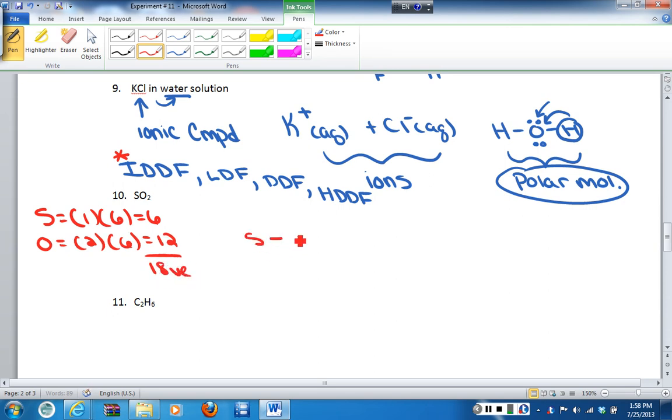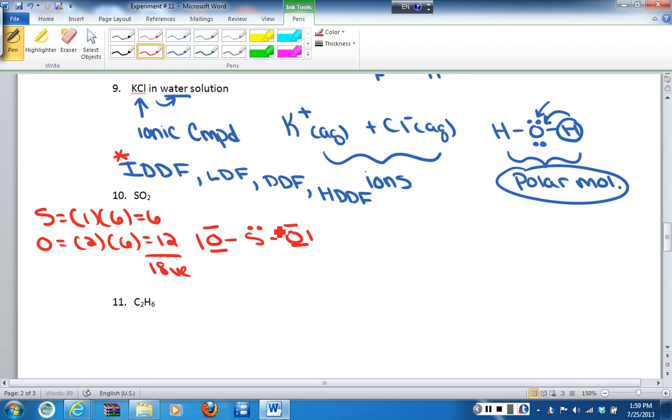Sulfur is our central atom. We give our oxygens an octet, and since they are not an exception, they want 8, so we give our oxygens 8 electrons. Then we look, out of the 18, how many have we drawn? We've drawn 16, so we put the remaining 2 on the central atom as a lone pair.